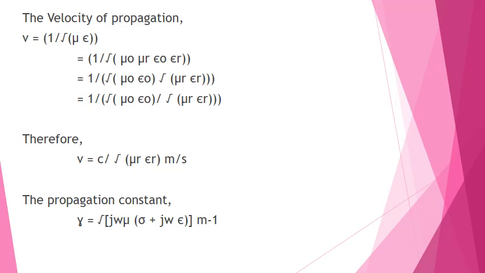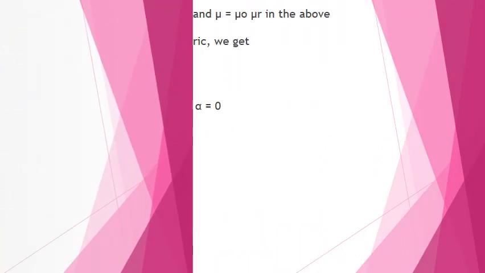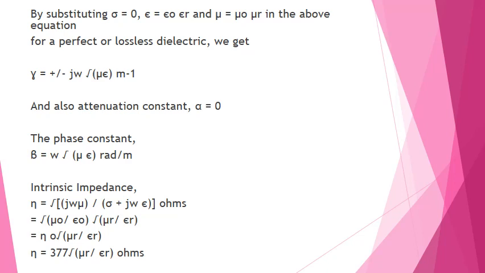Its unit is meter minus 1. By substituting the sigma and epsilon values in the above equation, we get the propagation constant as j omega root of mu epsilon, and also the attenuation constant is 0.